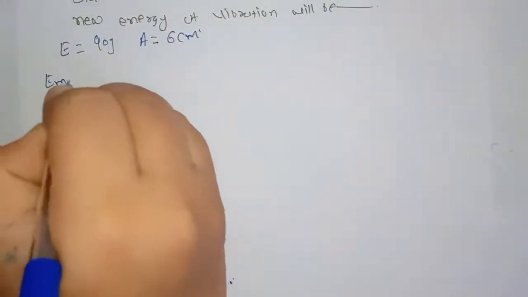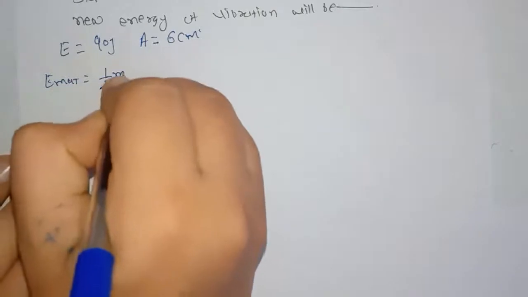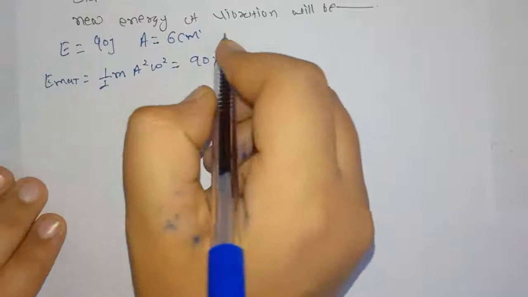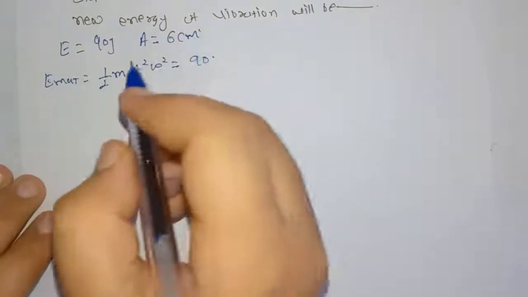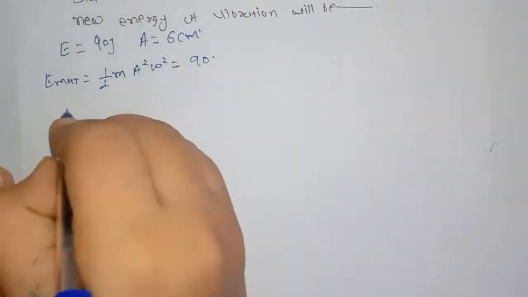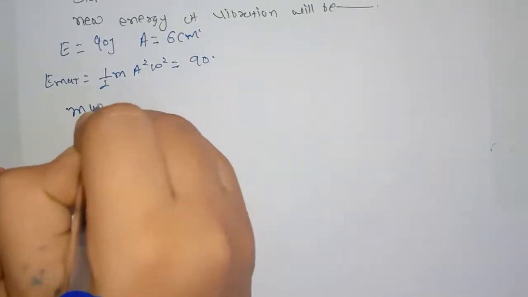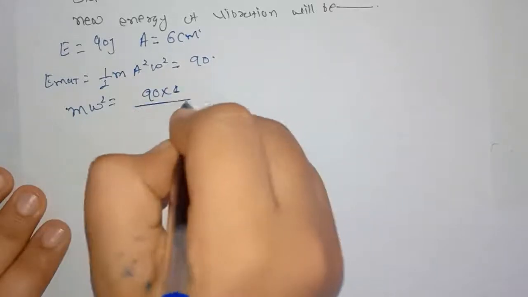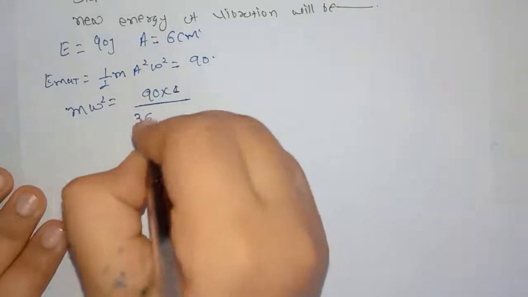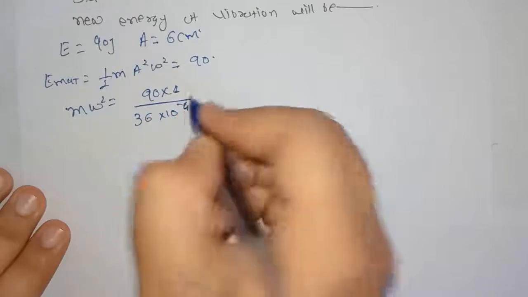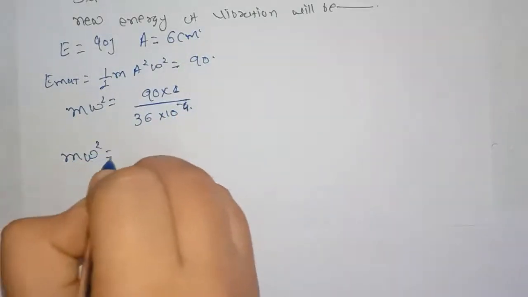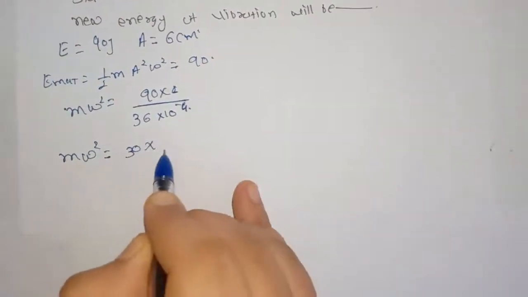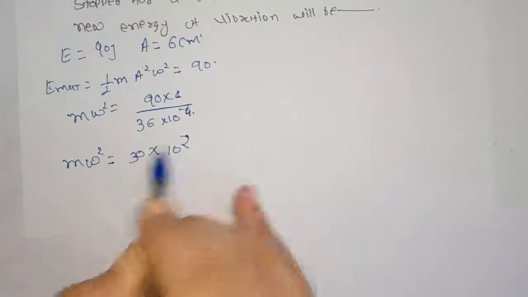The maximum energy is half m a square omega square, that is equal to 90. So from this we can write m omega square is equal to 90 into 2 divided by 36 into 10 power minus 4. So m omega square will be equal to 30 into 10 power 2.